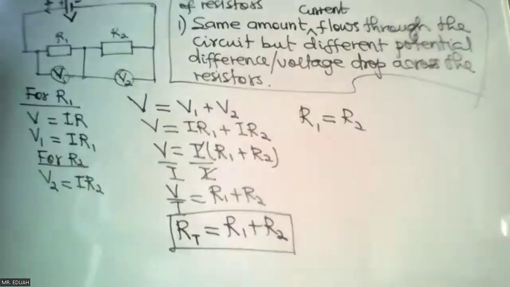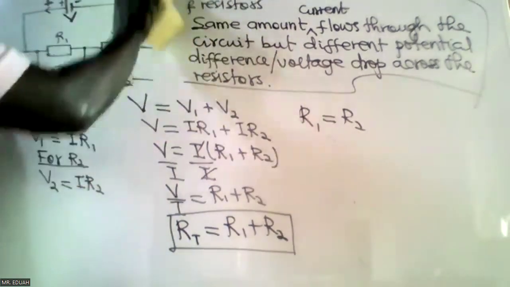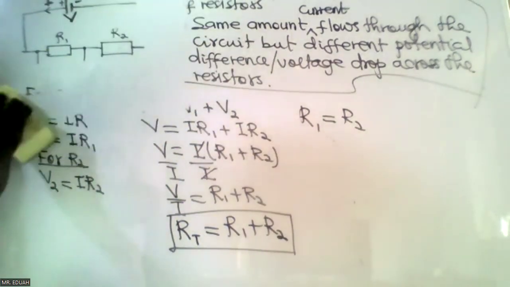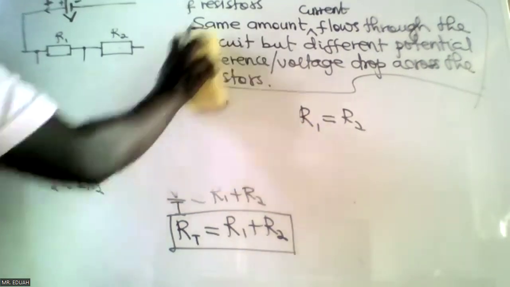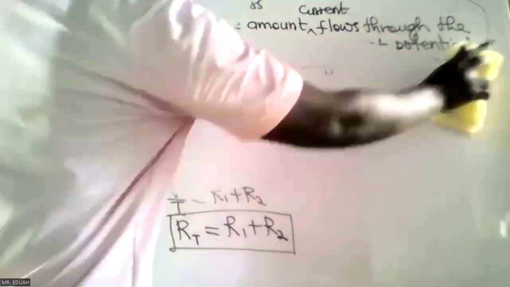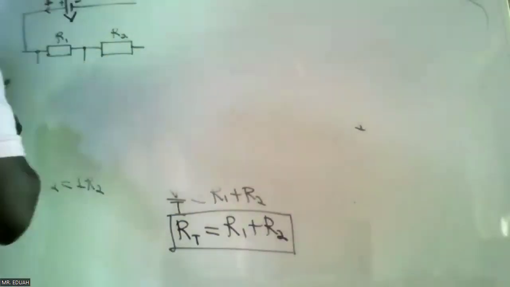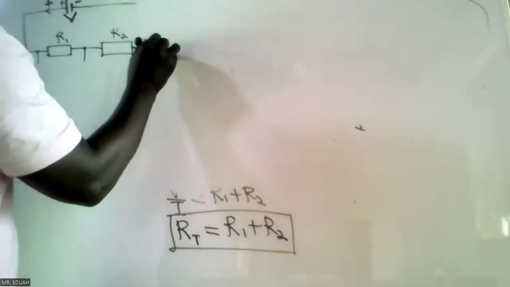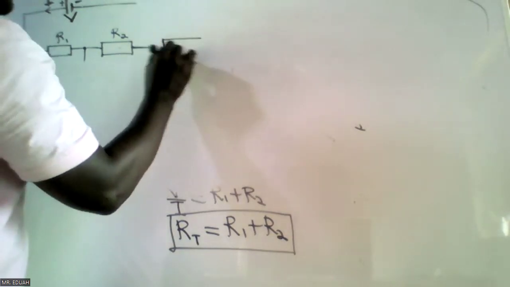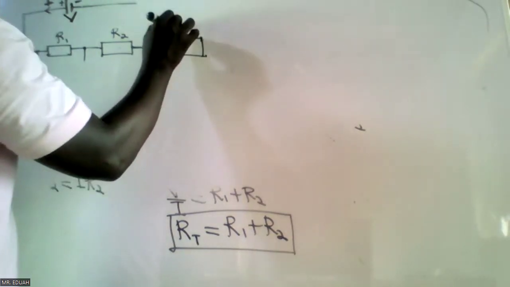All right. So let's then look at three resistors connected in series. Help me derive it for 3. So R3.